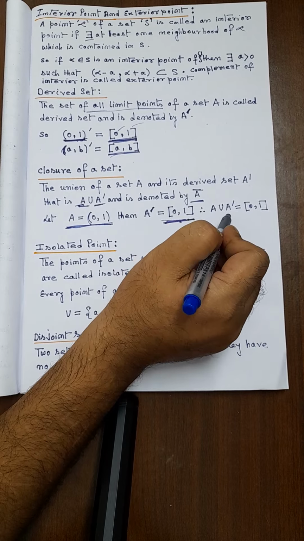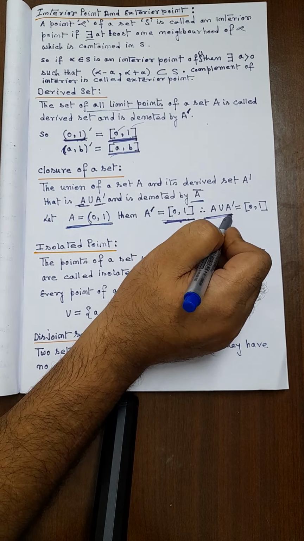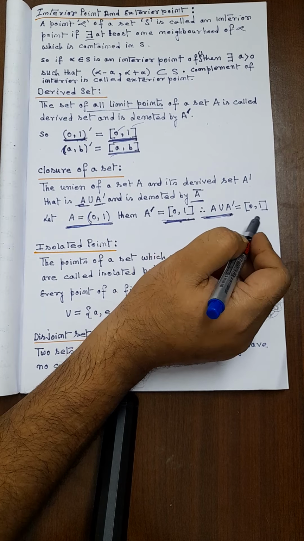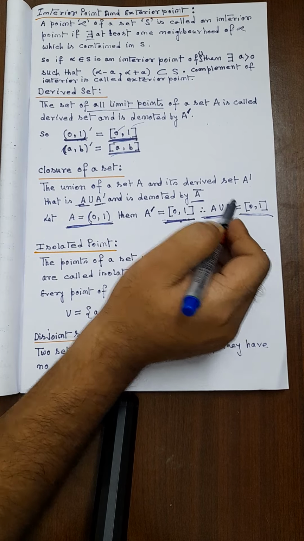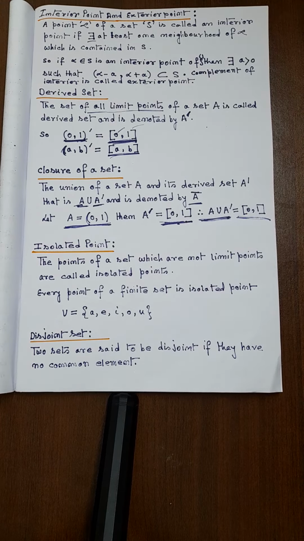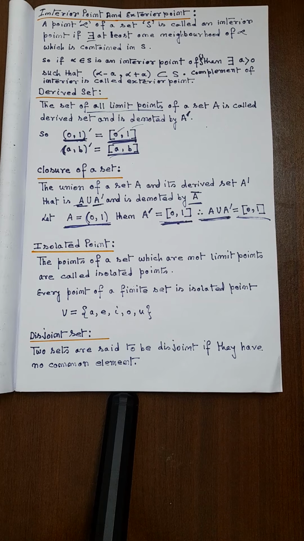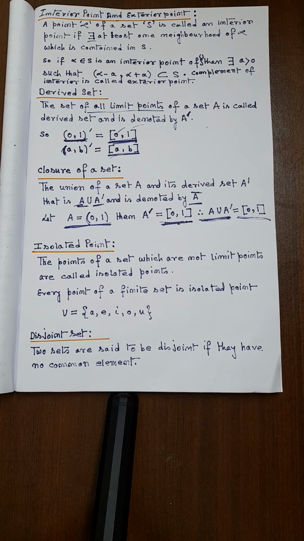And then A union the derived set will be the closed interval of 0 and 1. So [0, 1] will be the closure of the set A.